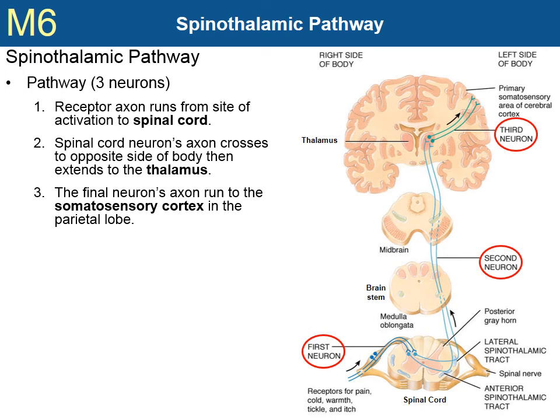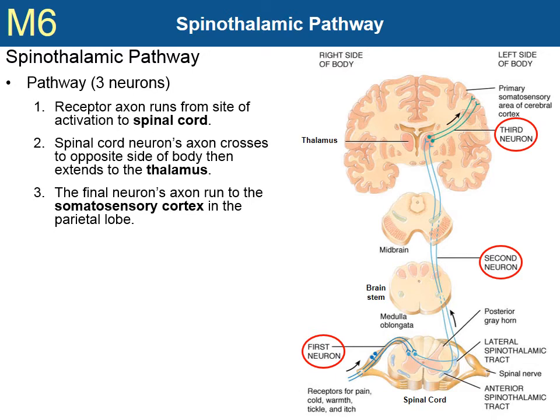The second pathway is the spinothalamic pathway. This pathway also involves 3 neurons. The receptor neuron, its axon runs from the site of activation to the spinal cord.